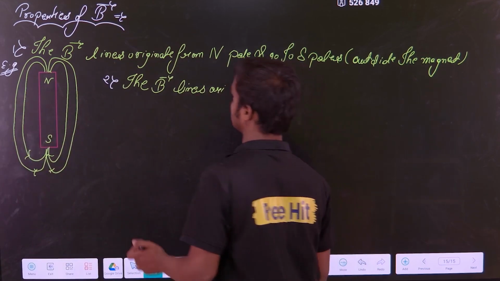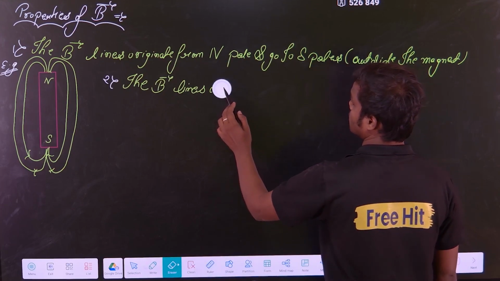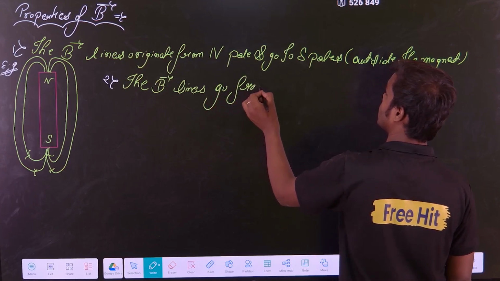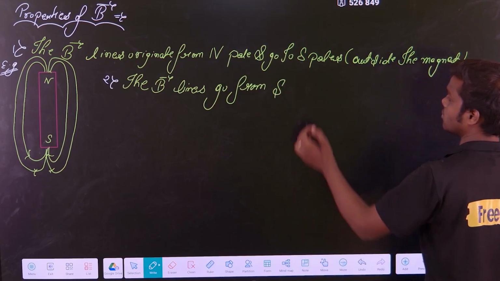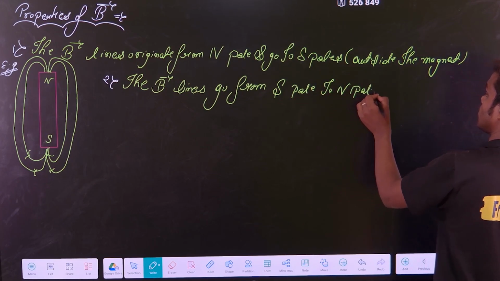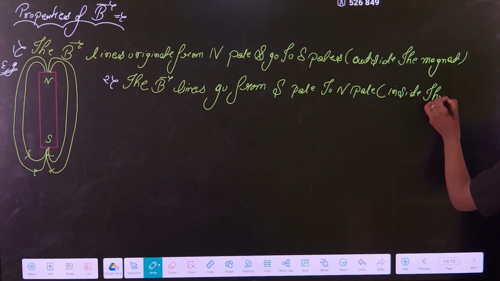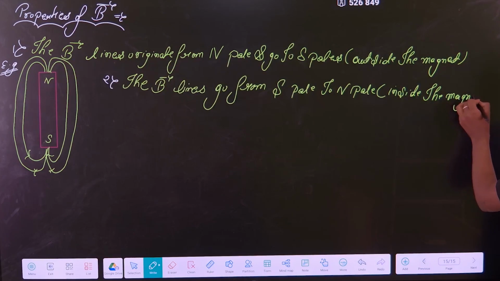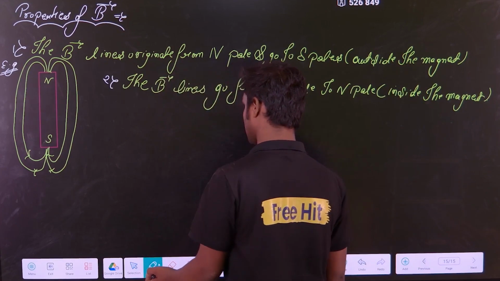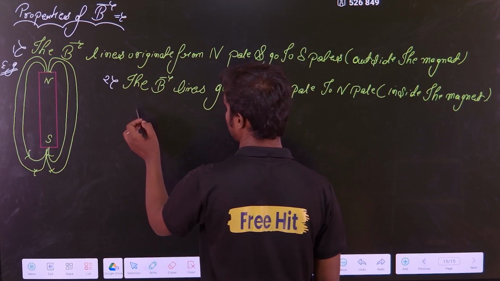The magnetic field lines go from south pole to north pole, but it is inside the magnet. This is going to happen inside the magnet, not outside the magnet. Clear? So the next property is that it is inside the magnet.